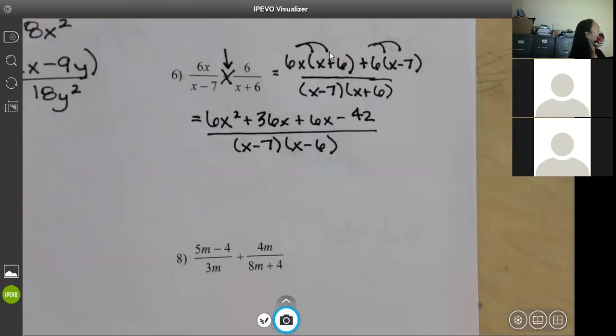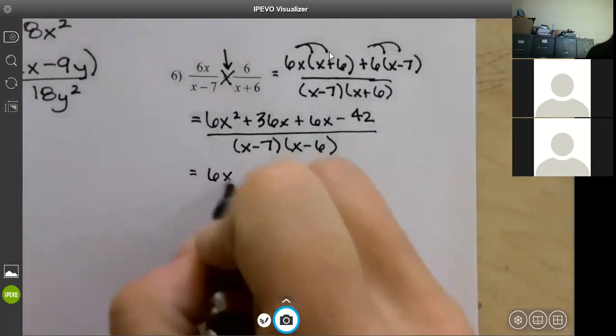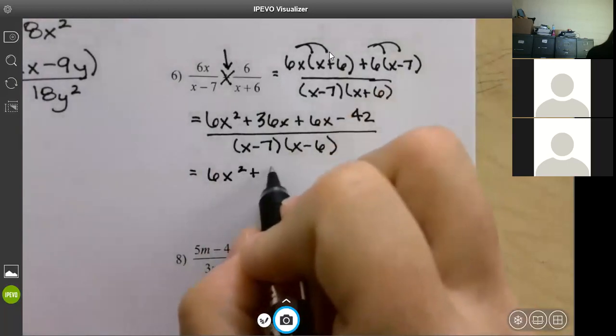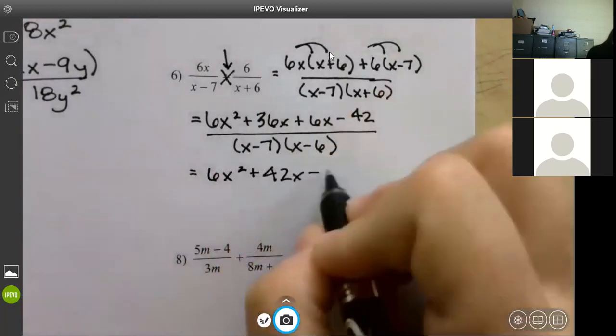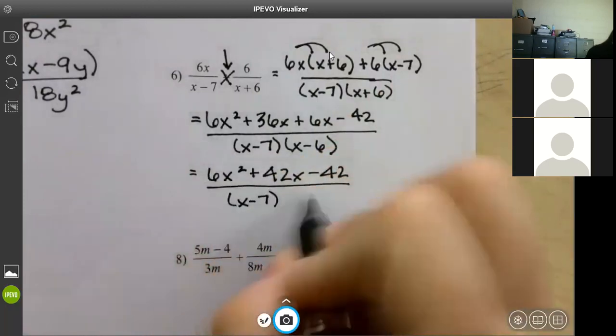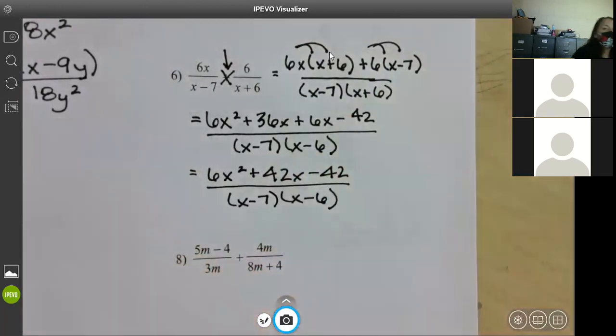Yeah, add your like terms. Everybody's right. Add your numerator, add your like terms. 6x squared, 36 plus 6 is 42x minus 42, all over x minus 7, x minus 6.